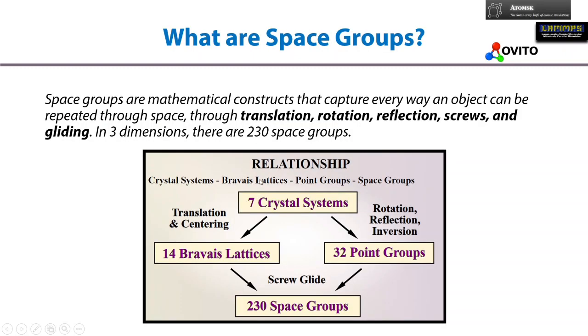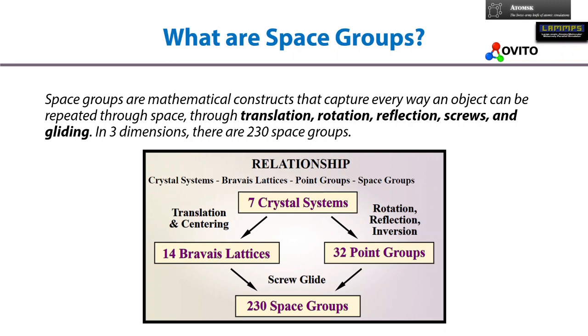Next, you have heard me talking about space groups. So what are space groups? Space groups are mathematical constructs that capture everywhere an object can be repeated through space, through translation, rotation, reflections, screws, and glides. For example, you have a cube. If you rotate the cube by 90 degrees, you will find that cube again.